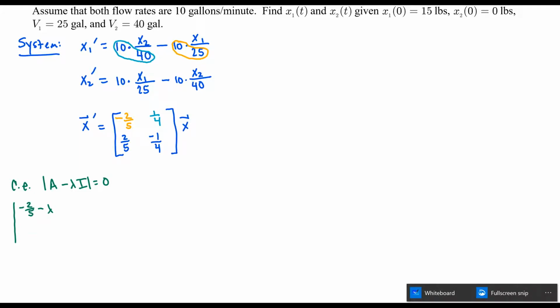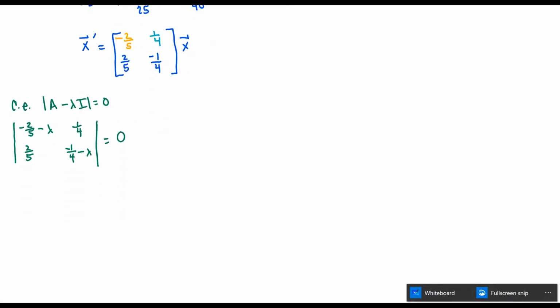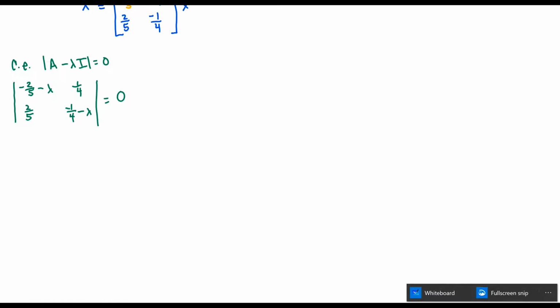And remember, A minus lambda I results in looking like subtracting lambdas along the diagonal of matrix A. Okay, let's find this little 2 by 2 determinant. We take our forward diagonal product minus our reverse diagonal product. Let's carry out the FOIL.